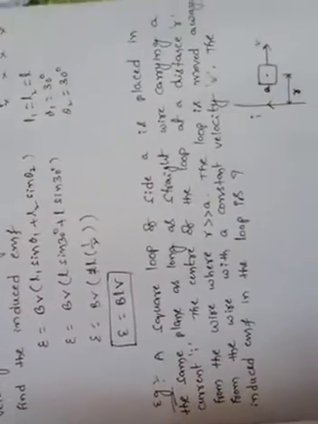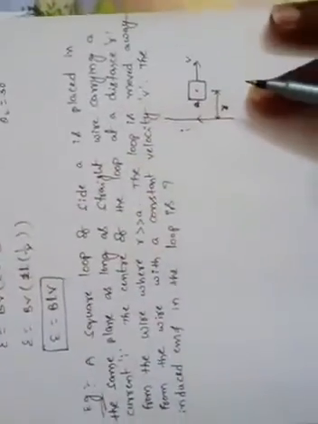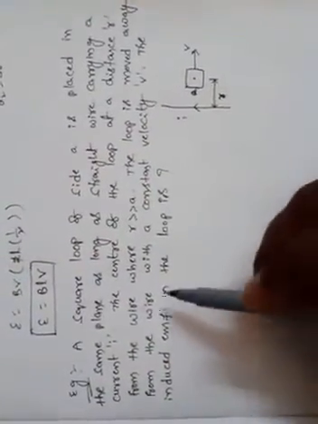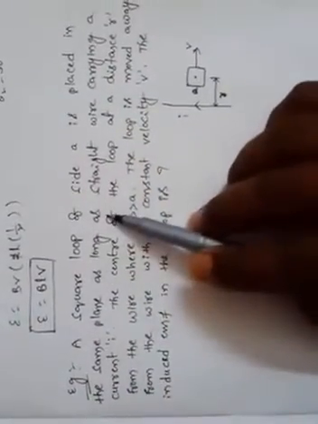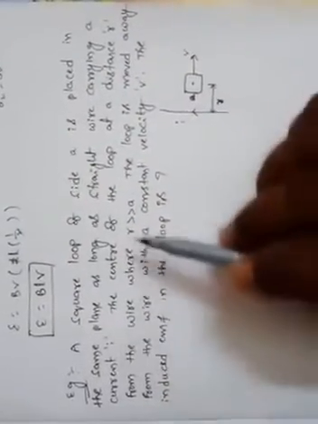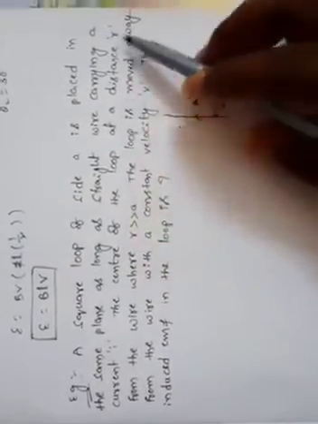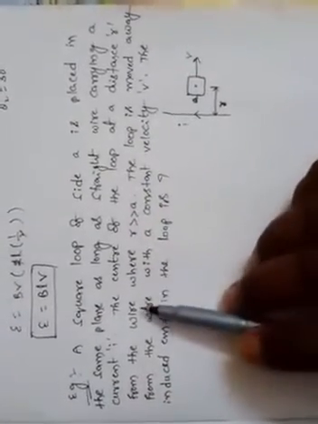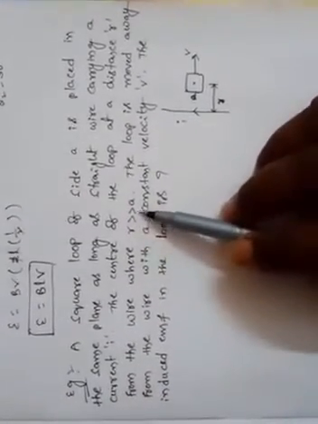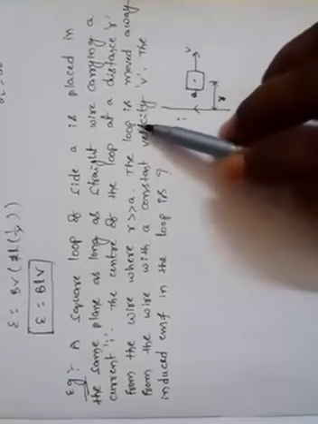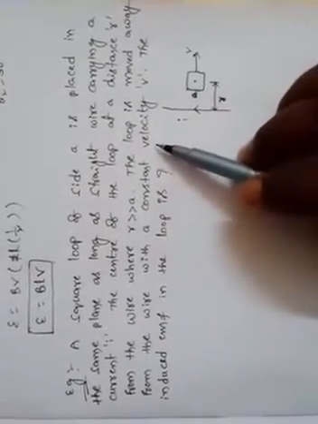Next, one more problem we'll see. Here a square loop of side A is placed in the same plane as a long straight wire carrying a current I. The center of the loop is at a distance R from the wire, where R is much greater than A. The loop is moved away from the wire with constant velocity v.